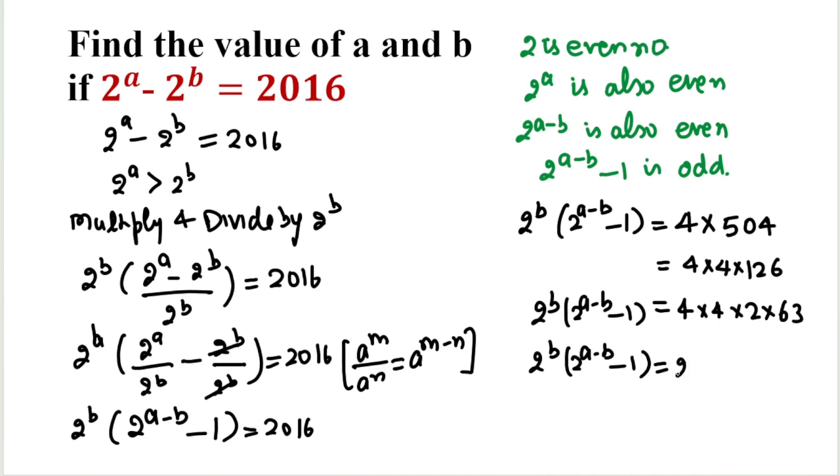This 2 power 4 can be written as 2 power 2 into 2 power 2, into 2 power 1 into 63.